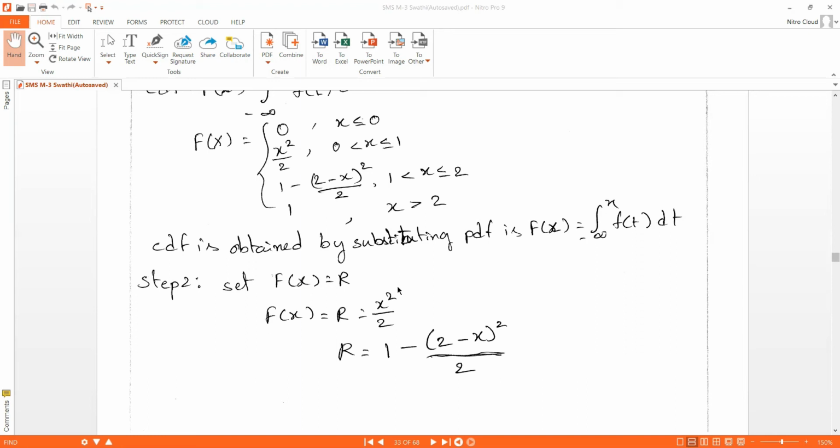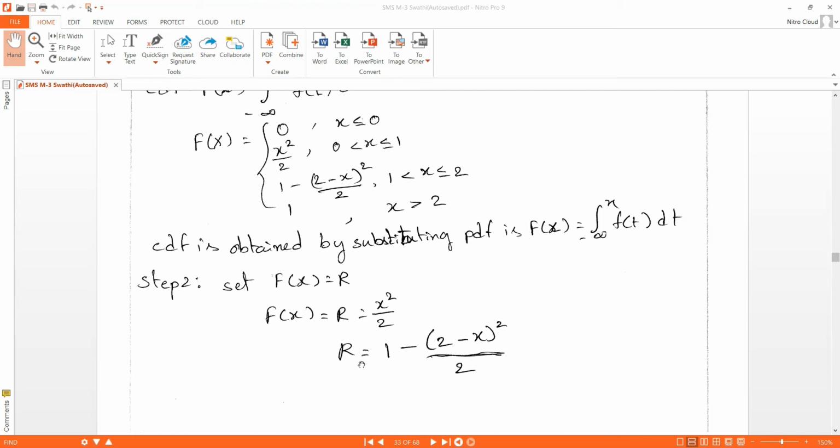F of x equal to r means r is equal to x square by 2, when the x value is between 0 and 1. So F of x equals r, we set, and we substitute the F of x value, x square by 2.